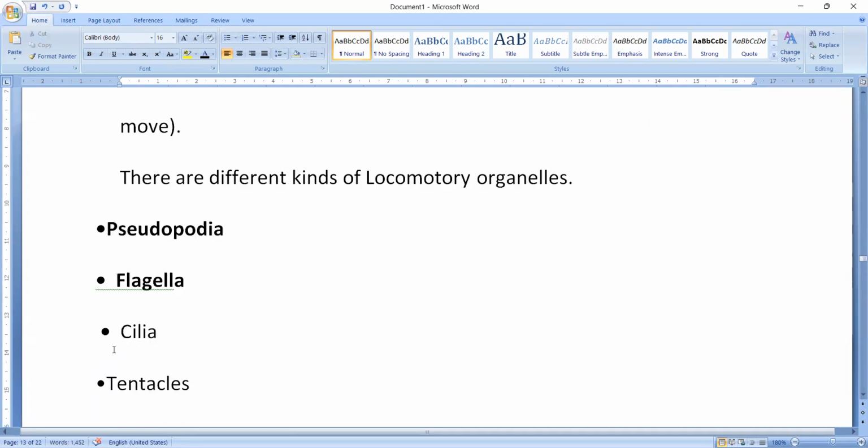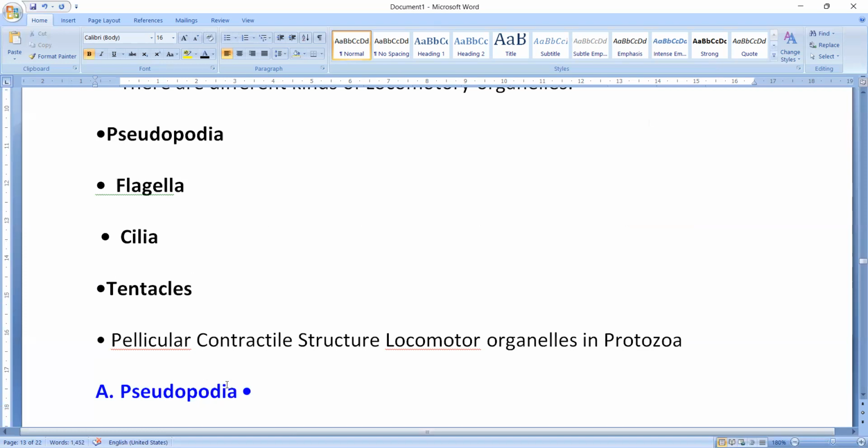We all know them very well: pseudopodia, flagella, cilia, and tentacles. These are the locomotory organelles of the protozoans. There is another one, the follicular contractile structure. These are locomotor organelles in protozoa.